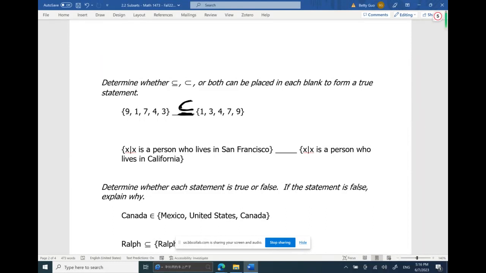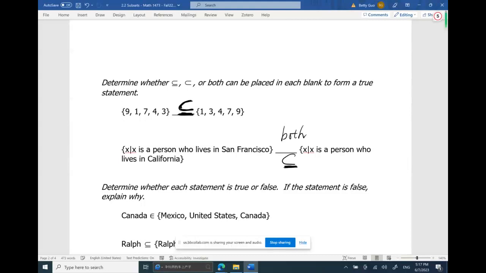Next question. The set on the left, X is a person who lives in San Francisco. The set on the right contains all the people who live in California. So what do you think? We can use both, right? People who live in San Francisco also live in California.